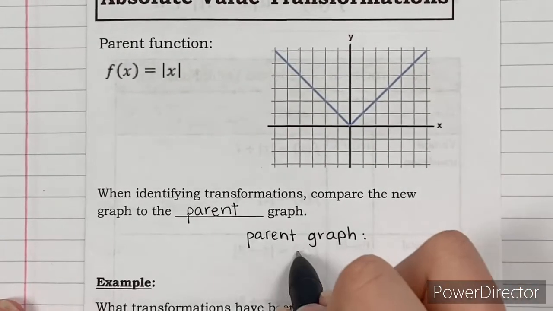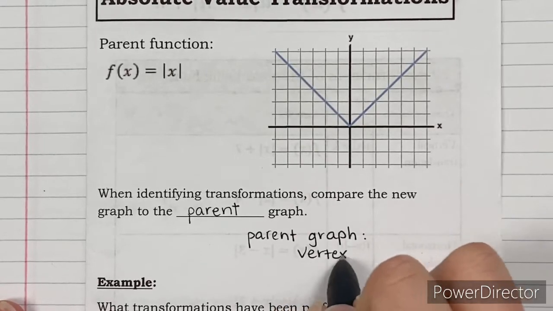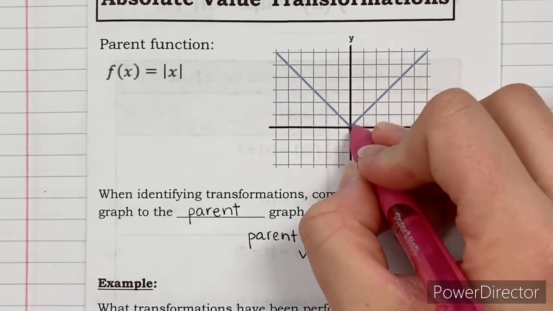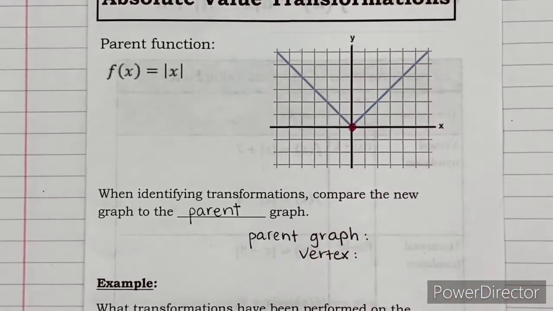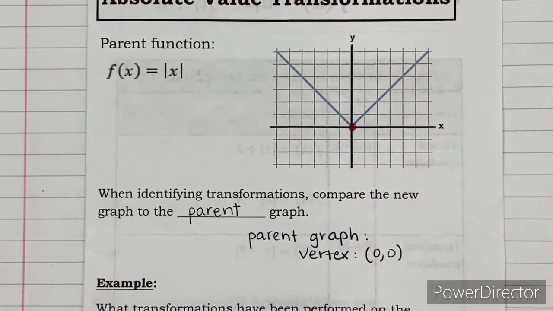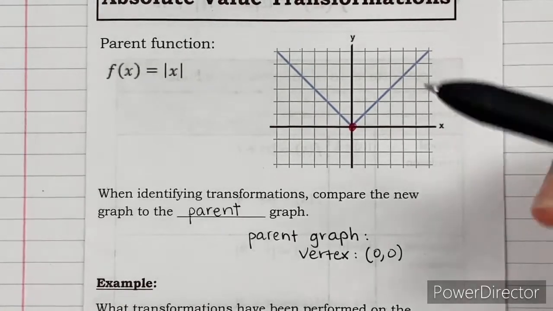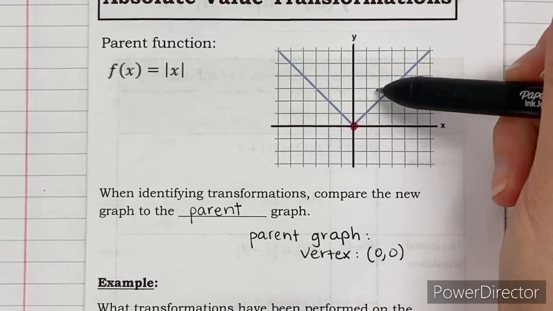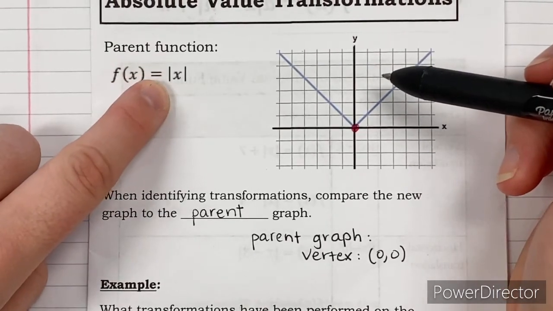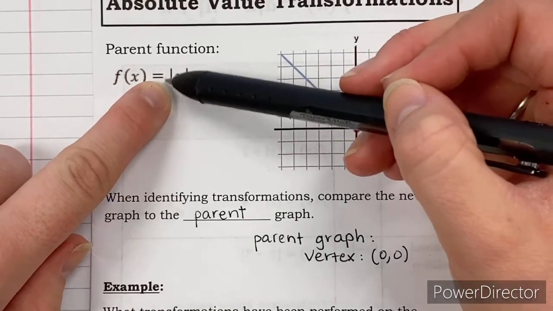The vertex is always going to be right here at the origin, which is 0, 0. So the vertex of our parent graph is always going to be 0, 0. And then we are also going to have a slope of 1, which, remember, our slope comes from the number in front of the absolute value, and that's an understood 1 right there.